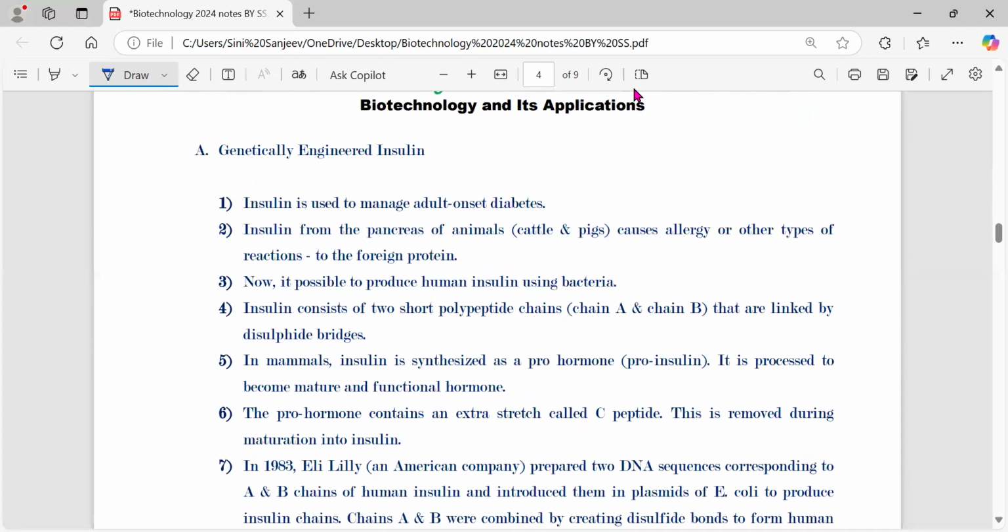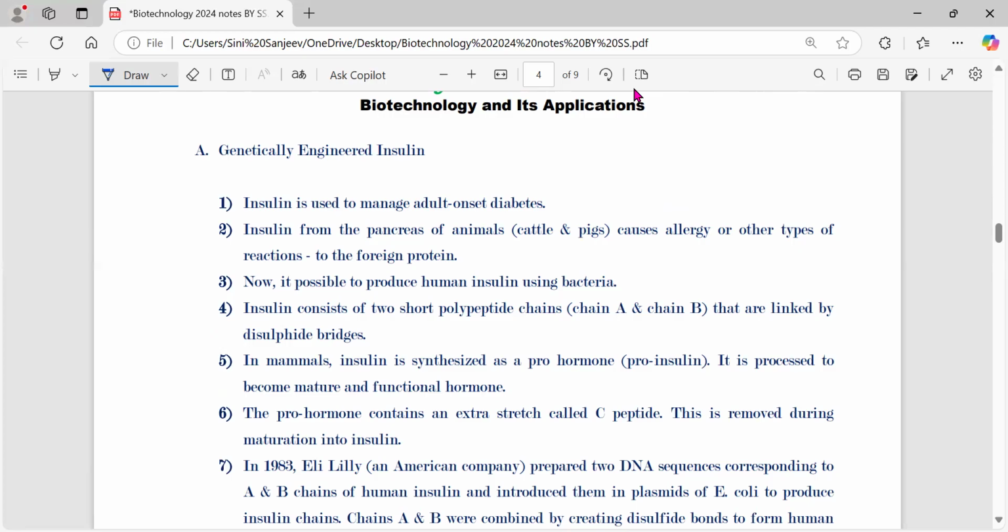The first one is genetically engineered insulin. Insulin is produced by the pancreas, right? It is usually used for whom? Diabetic patients.